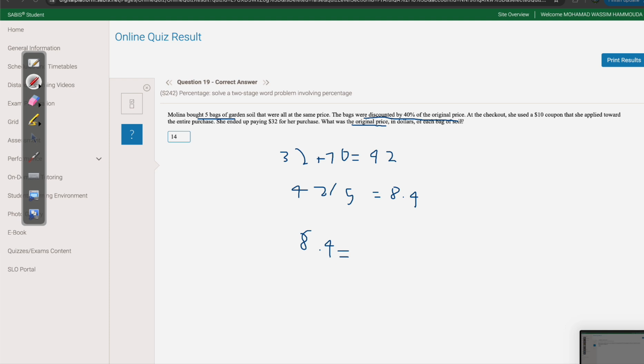So 8.4 is equal to the price that was kept, 0.6, times what we're trying to find, which I'll call x. You're going to do 8.4 over 0.6, which is 14.